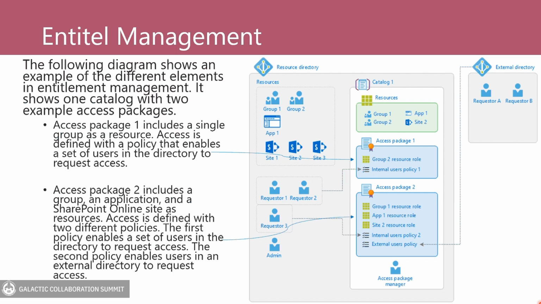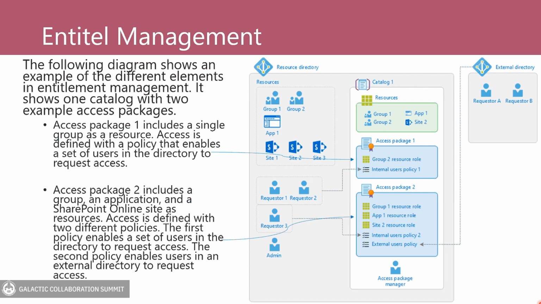And with Entitlement Management, you can create a package which says, okay, if you have a new project, then you use the Entitlement Management package to give an external or even an internal user access to a set of SharePoint sites, Office 365 groups, with Office 365 groups teams, or even Azure Active Directory registered applications.